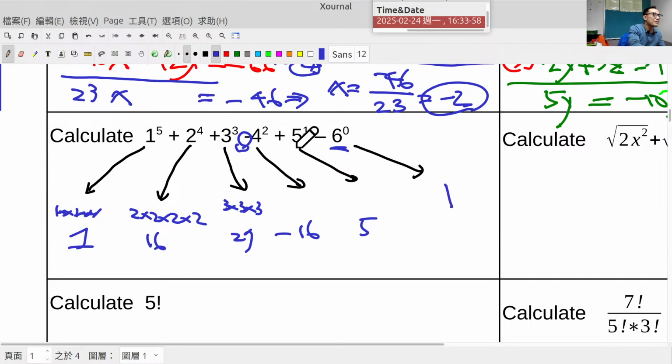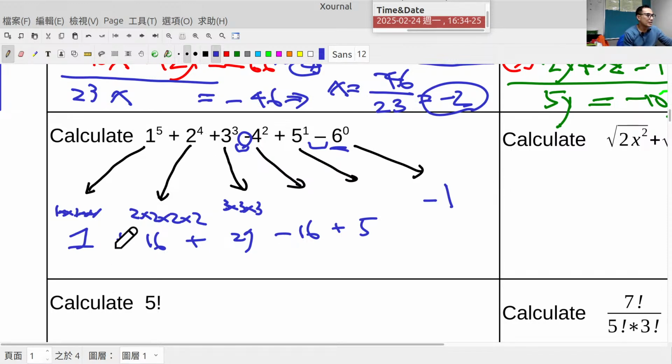There's 1, and the symbol here is minus, and 1 minus here, minus here. Get it? So 1 plus 16 and plus 27 minus 16 plus 5 minus 1. So what's the number?